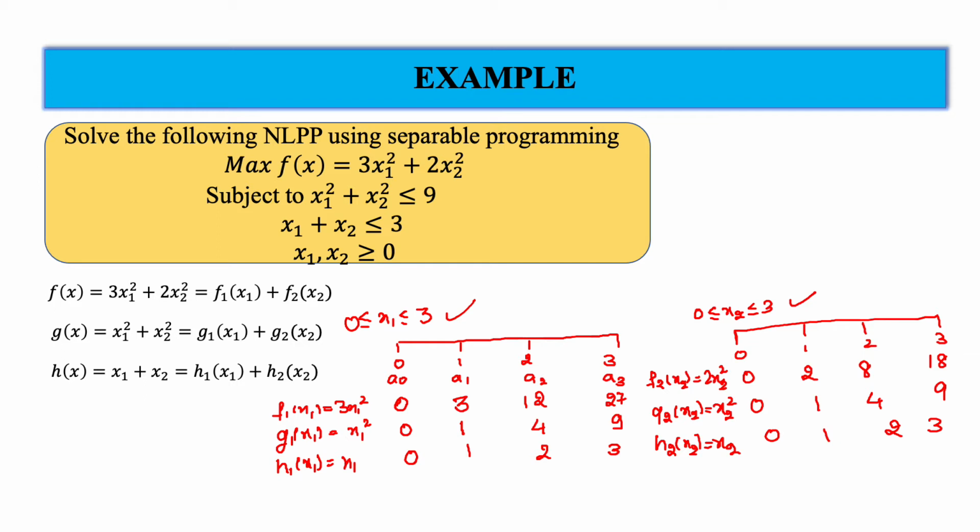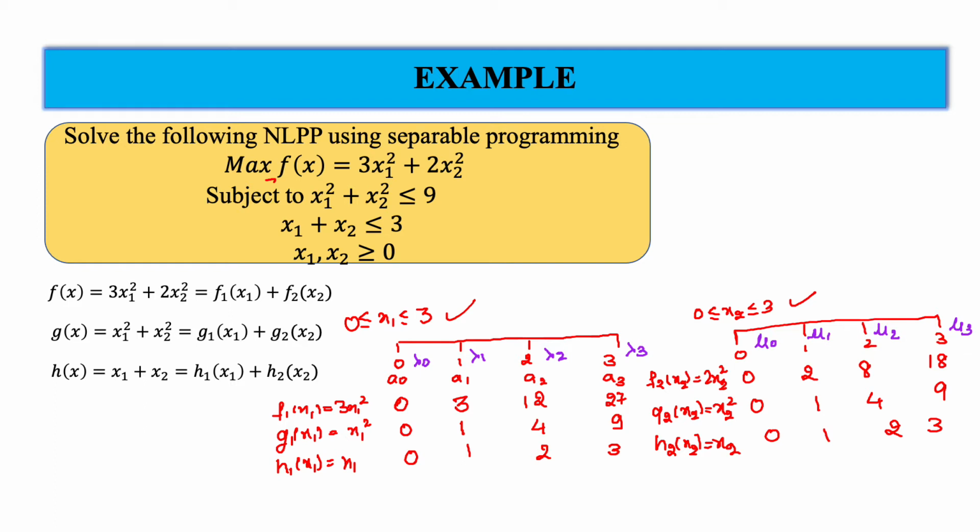So how to write? The objective function will be maximization of fx. Corresponding to the x1 grid points we have lambda naught, lambda 1, lambda 2, lambda 3, and similarly corresponding to the x2 variable we have mu naught, mu 1, mu 2, mu 3.